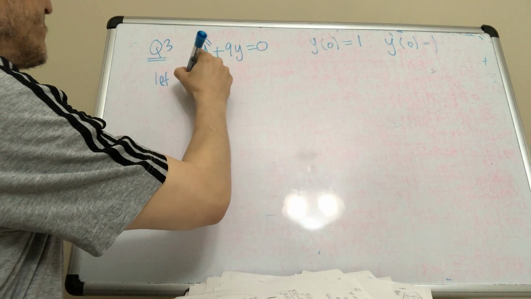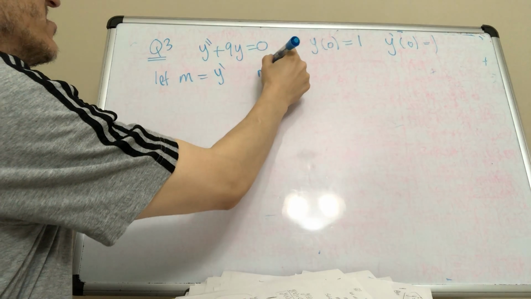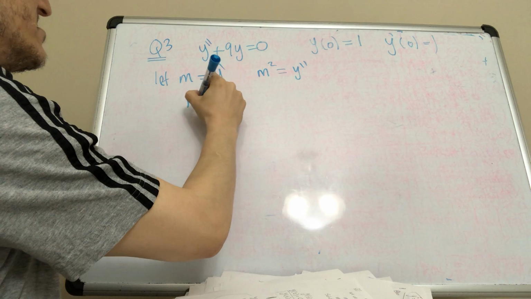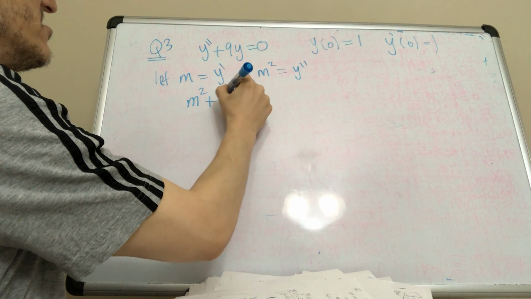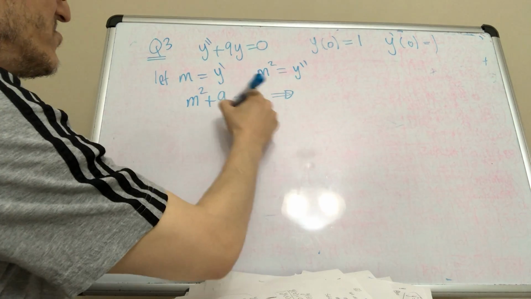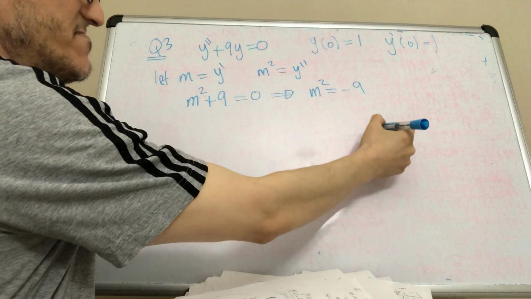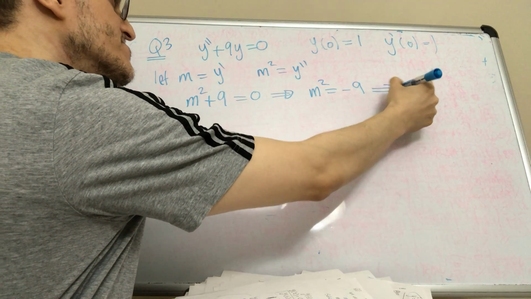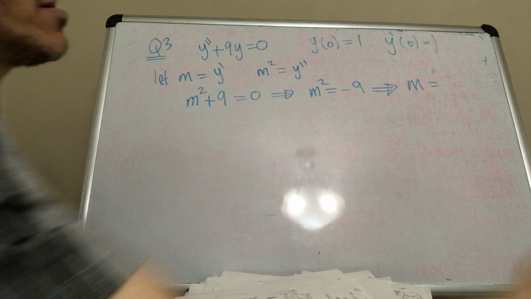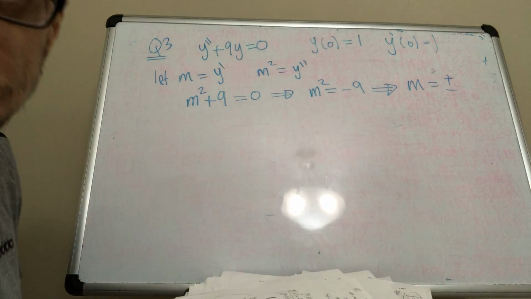Let m equal y prime, then m squared will be y double prime. So this is m squared plus 9. You bring the 9 over, m squared is negative 9. Then m, you square root, plus or minus, the square root of minus 9.